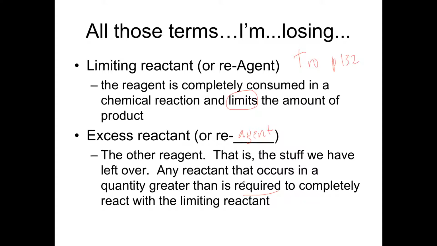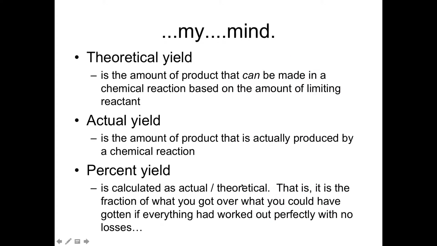Now, there's a couple more terms that are defined on page 132. And we need to look at those. So they are theoretical yield. A theoretical yield is the amount of product that can be made. Let me emphasize that here. Theoretically, this much can be made in a chemical reaction based upon how much we have available. Okay? The actual yield is the amount that we do make.